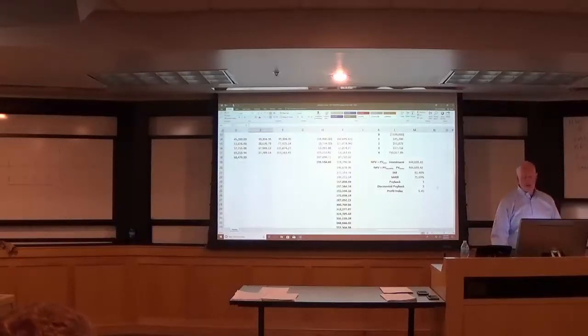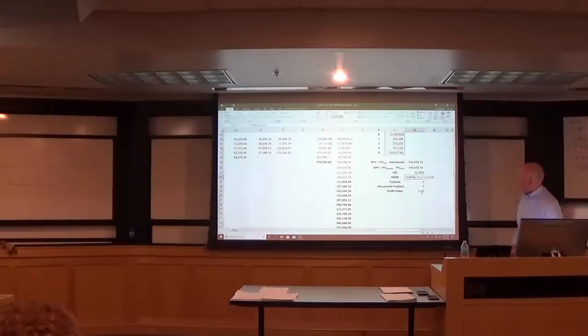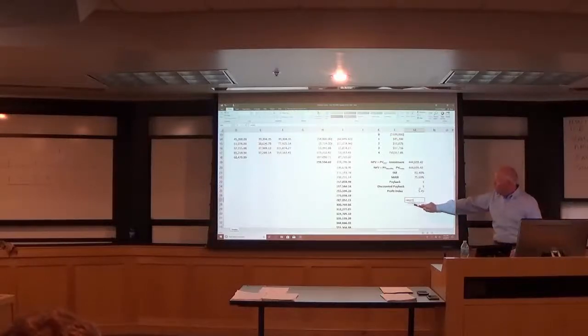So let's look at the modified internal rate of return function. A little bit more complex. In fact, let's actually show you the function without it being populated. Equals MIRR, open the parenthesis, and it wants us to give you the values, or the string of values, the finance rate, and then the reinvestment rate.